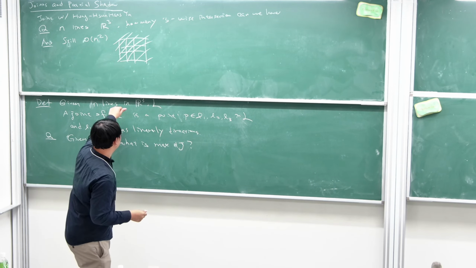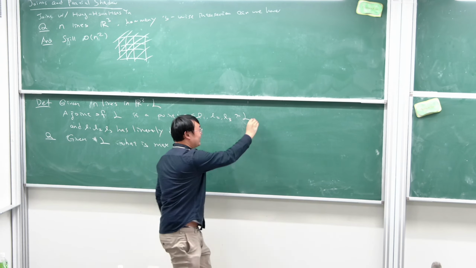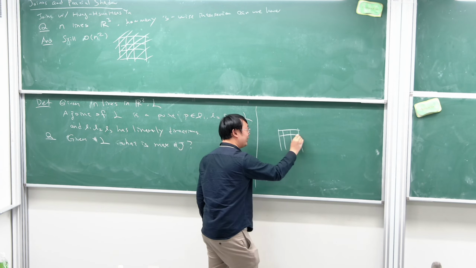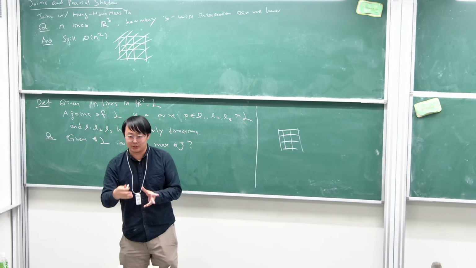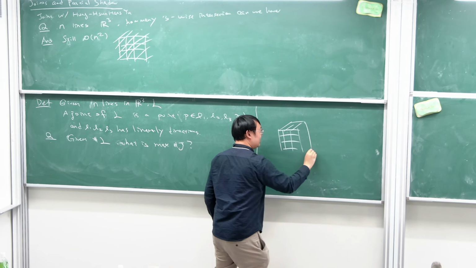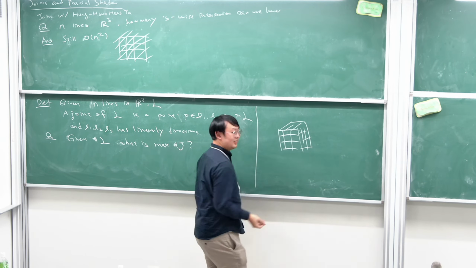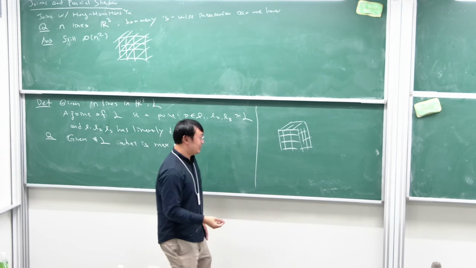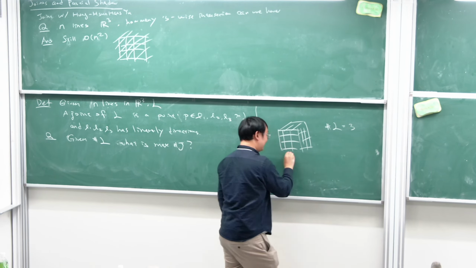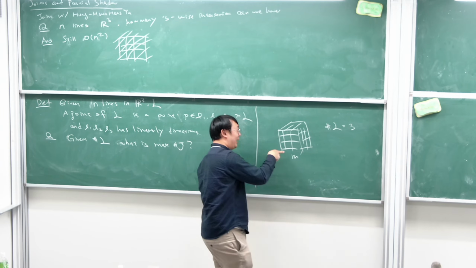And okay, let's again talk about construction first. So this time we can still take grids, but instead of a two-dimensional grid, I want to take a three-dimensional grid. Let's say the size of this is m by m by m grid.